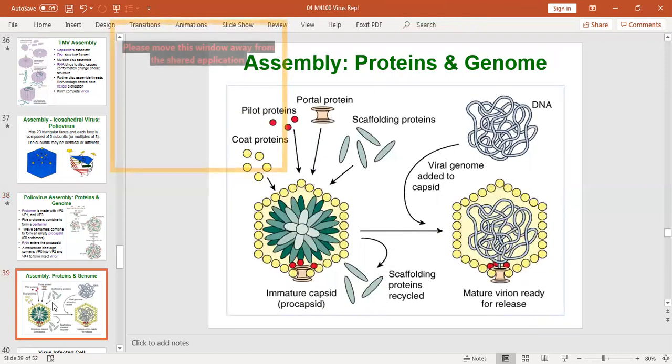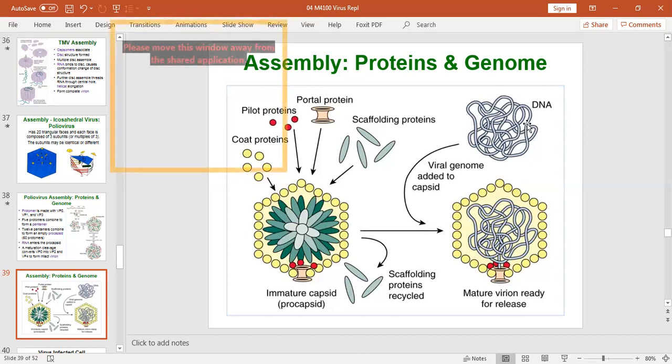So let's take a look at the assembly of the proteins and genomes. There are a bunch of proteins called coat proteins or capsid proteins. We have other types of proteins such as pilot proteins, portal proteins, scaffolding proteins, and at this stage, it's called an immature capsid or a procapsid.